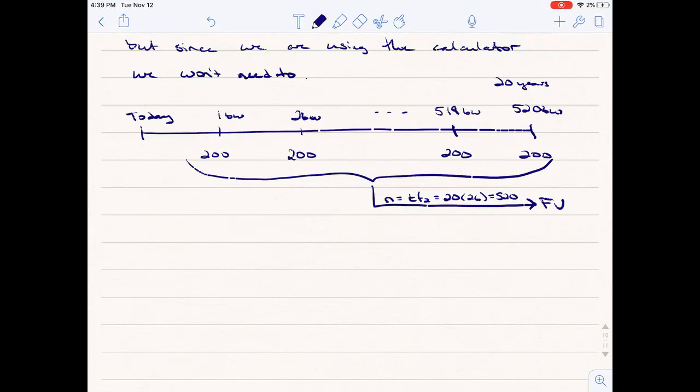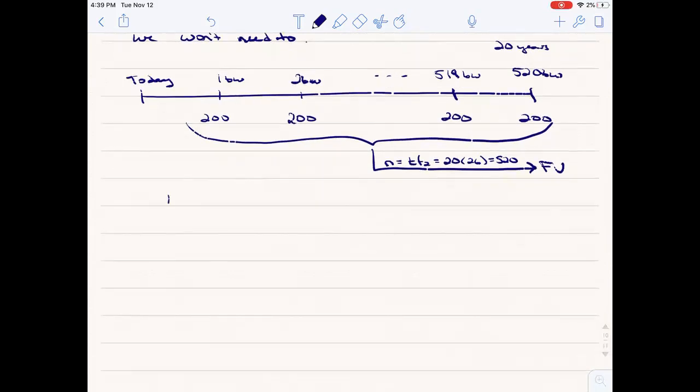So here's our timeline. They start with nothing, and then they're going to have some future value that the calculator is going to find for us.